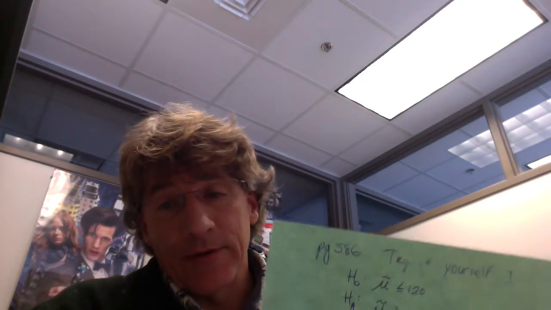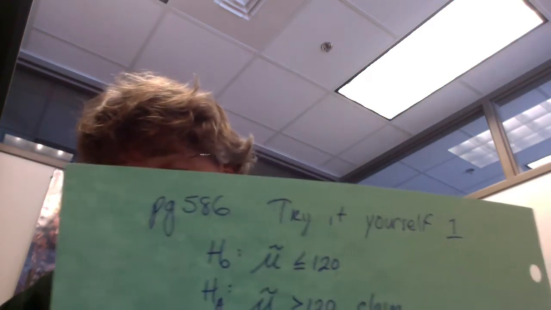You discard or ignore all of the zeros, and you let your x, your test statistic, be the smaller of the two values between the number of positives or the number of negatives. So I wrote it all up nice and neat. So, try it yourself number 1.